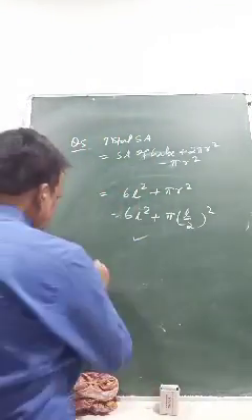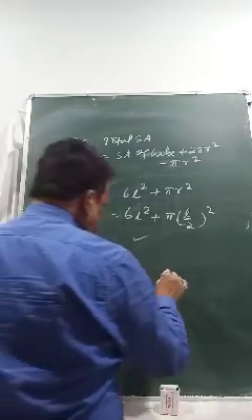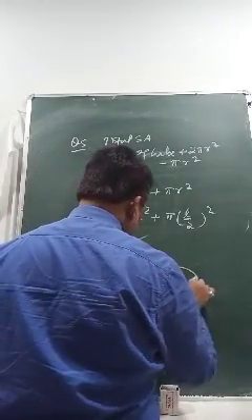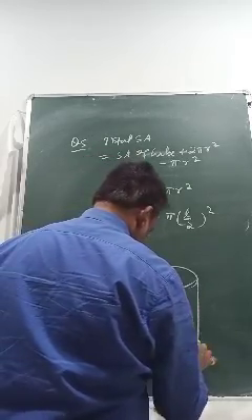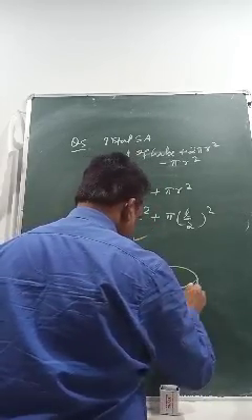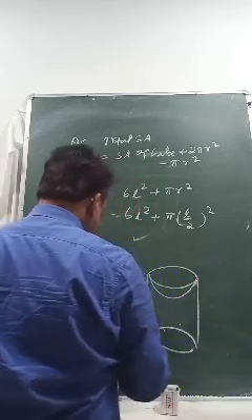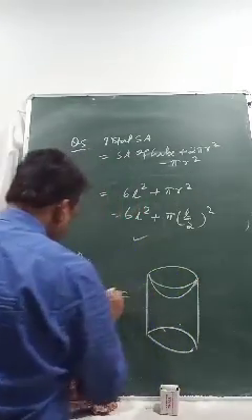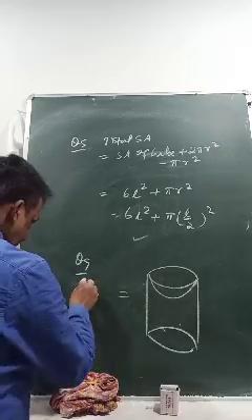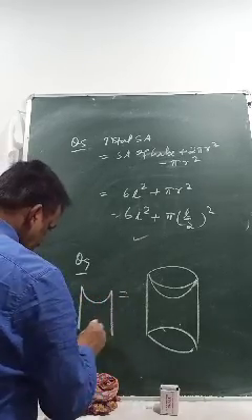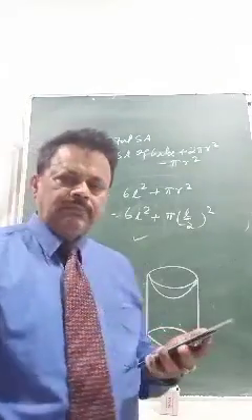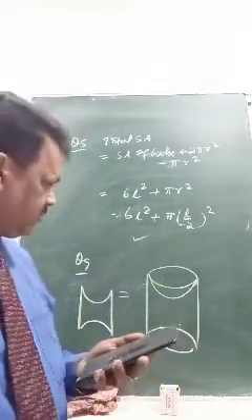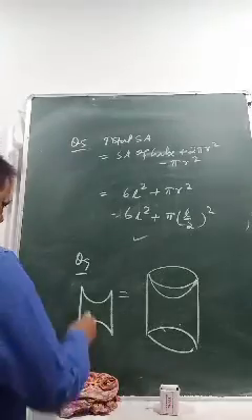Question number 9 is like this. There was a cylinder. Then you are scooping out. Scooping out means the new figure is like this. This situation. Okay.